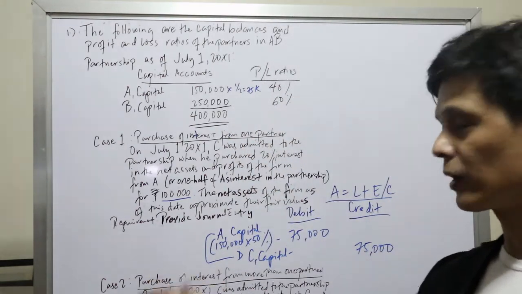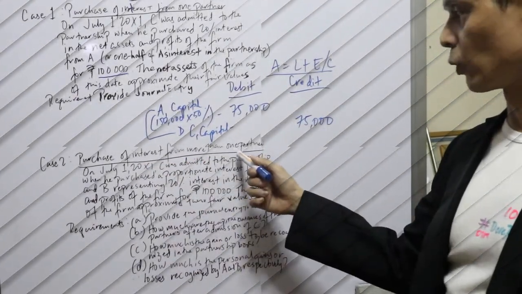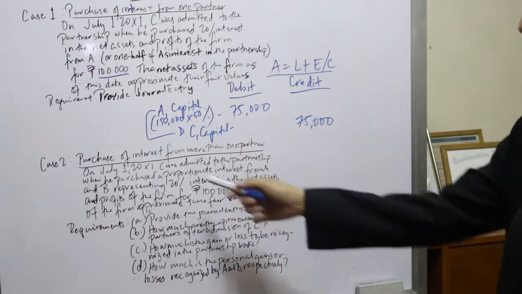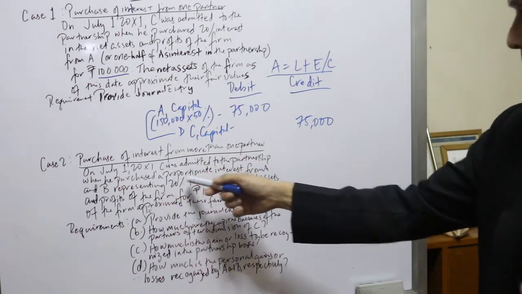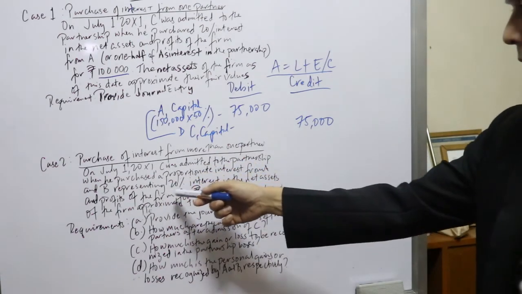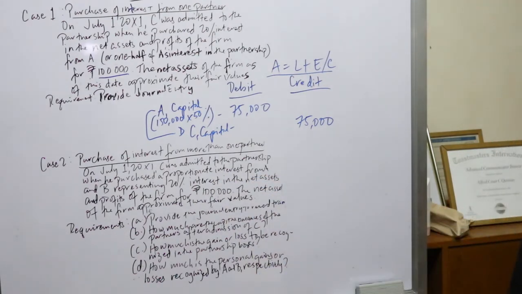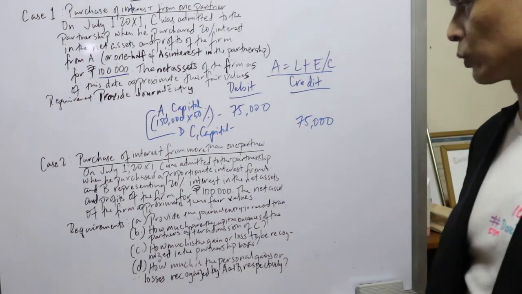Okay, so moving forward, case number 2. Case number 2 suggests a purchase of interest from more than one partner. On July 1, 2000X1, C was admitted to the partnership when he purchased a proportionate interest from A and B, representing 20% interest in the net assets and profits of the firm, for 100,000. So C again bought a 20% interest in the total partnership for 100,000.